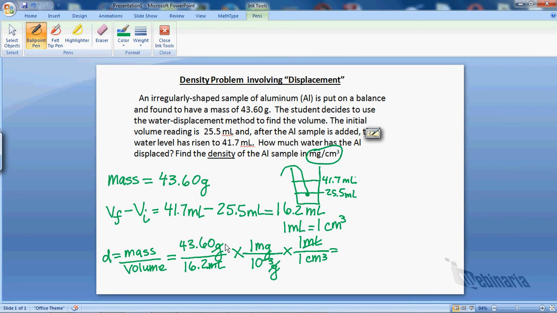Okay, so look at what we have left. We have milligram and we have centimeter cubed. We have the units that we were indeed looking for. So now when we do this math, which is, please don't mess up in the math, we have 43.60 times 1 times 1.